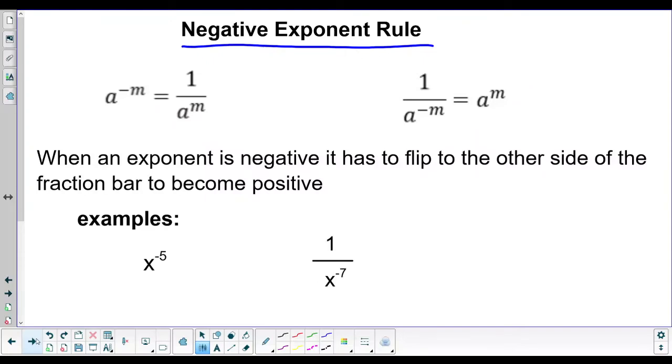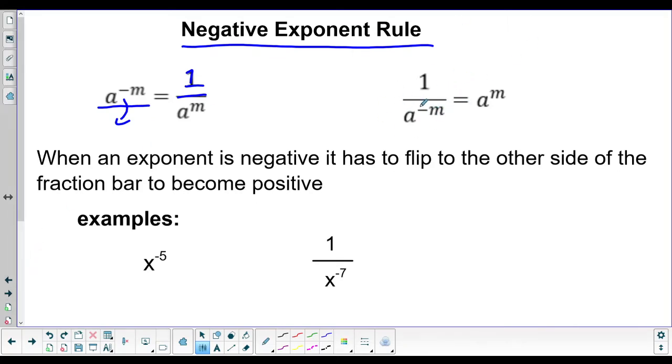The rule is: take the base and the exponent, move it to the other side of the fraction, and make the exponent positive. So this would go onto the bottom, become a to the power of m, and because the top is then empty, we would just replace it with a 1. Same thing goes if it's on the bottom.